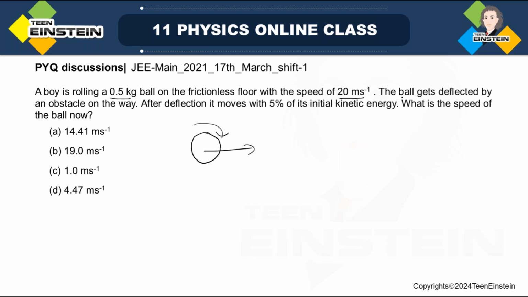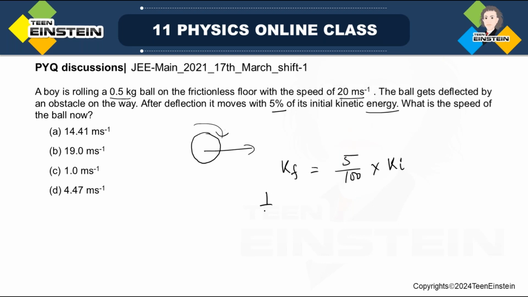Now let us further read. The ball gets deflected by an obstacle on the way. After deflection, it moves with 5% of its initial kinetic energy. Okay, so the main point is, how do you calculate the kinetic energy? So what is the speed of the ball? You know the final kinetic energy Kf is 5% of the initial kinetic energy.